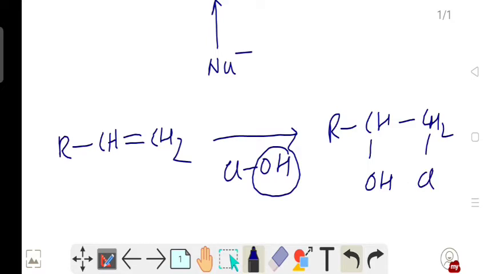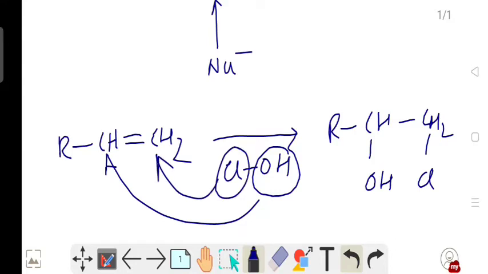That means the negative portion will attach to the carbon center with fewer hydrogens, and the positive portion will attach to the other carbon center, just like an addition reaction. So this is the addition of HOCl.